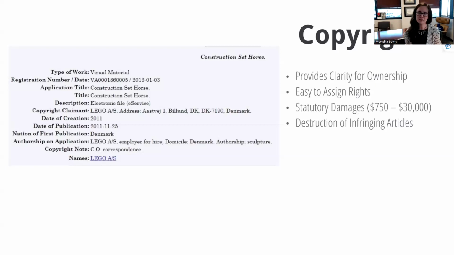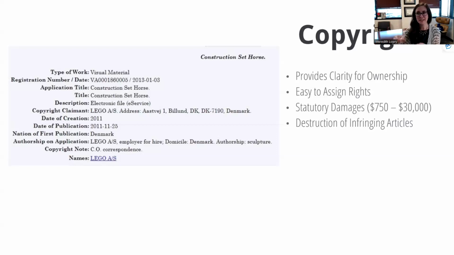A lot of this also means that they are regressive in their technology. And so I don't have a lot of pretty pictures. When you go and look at the Copyright Office website and you want to see what does Lego have, what do my competitors have registered as copyrights, you can search for the owner, but you're not going to see what it was.